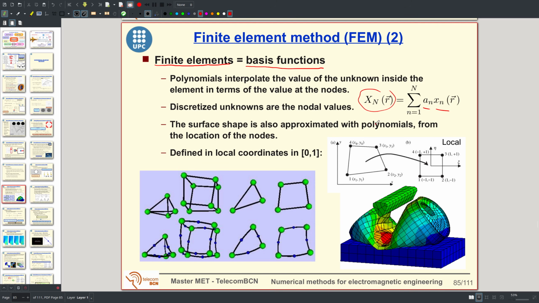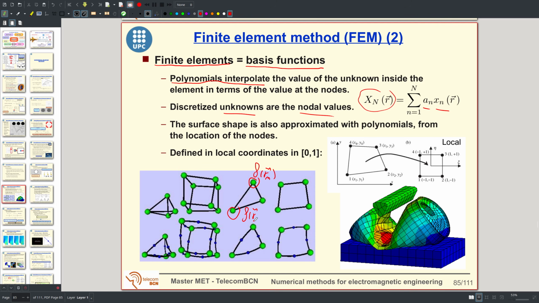The only thing is the finite elements are formulated in a very systematic way using polynomials to interpolate the values of the function inside the finite element, so that the unknowns are the nodal values. The unknowns are the values of the function at the position of the nodes.